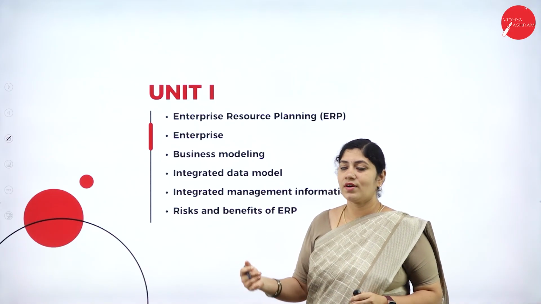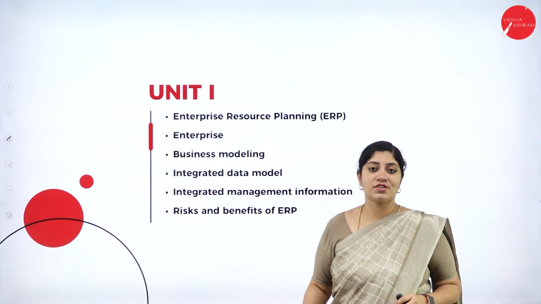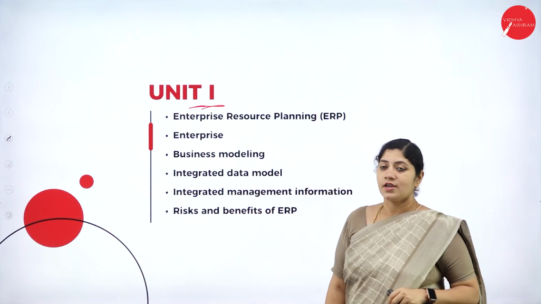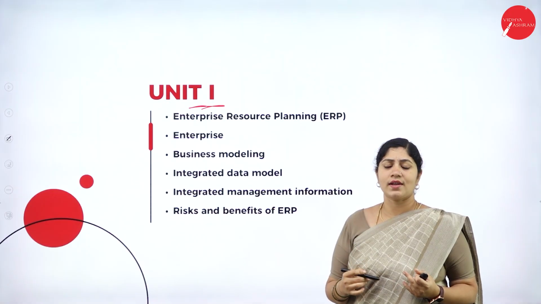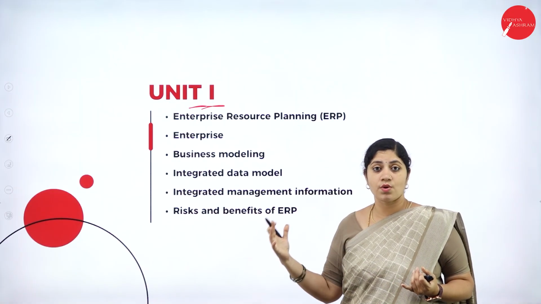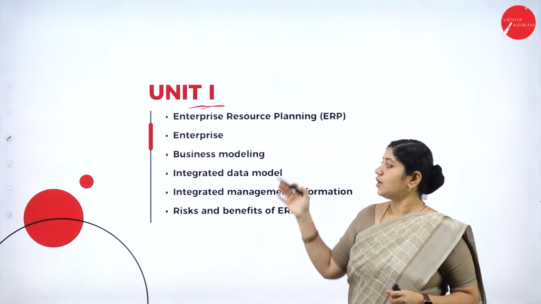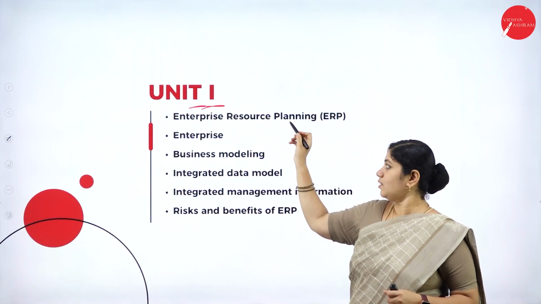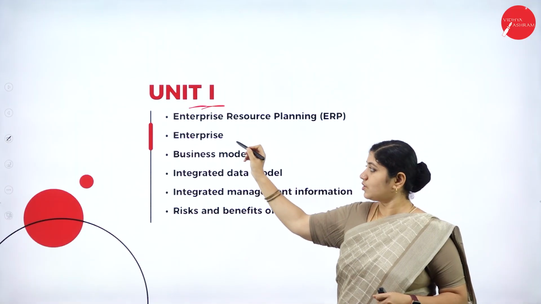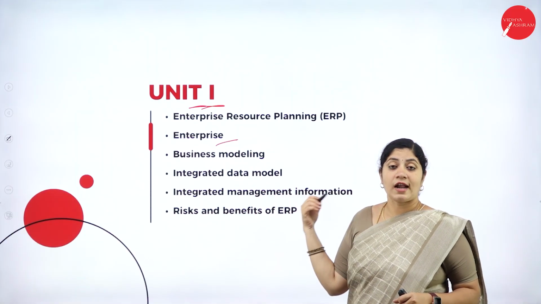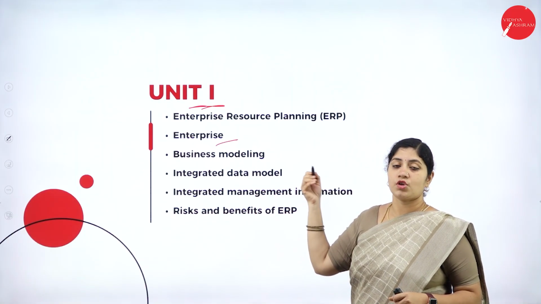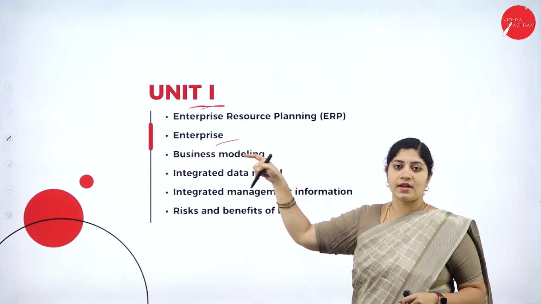So let's move forward with the units discussion. The first unit is unit 1. Here we learn and understand what ERP is, what its history is, what the advantages are, and what the need for ERP is. Then later we discuss the enterprise. Yes, we understand what an enterprise is, then what the requirement of ERP in that enterprise is.